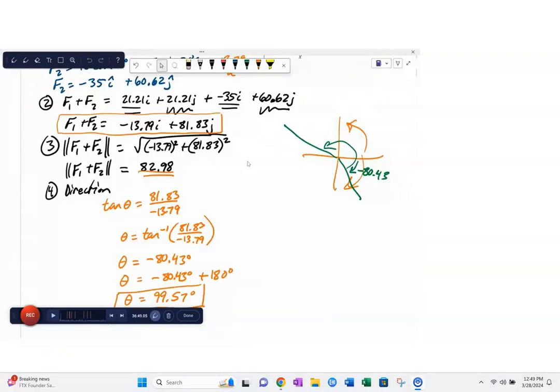The note I posted is, if you're in quadrant 2 or 3, make sure you add 180 degrees to that. Otherwise, you're okay. You just take the arctangent of B over A.